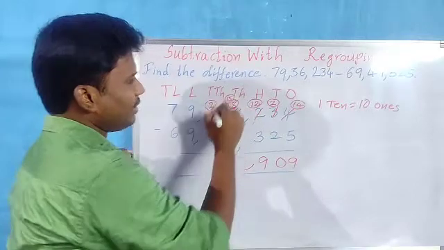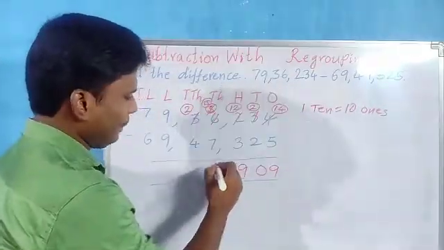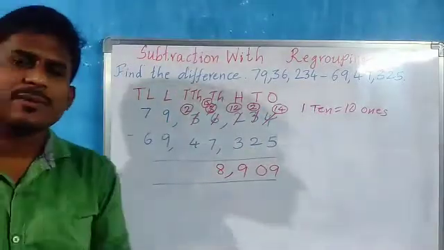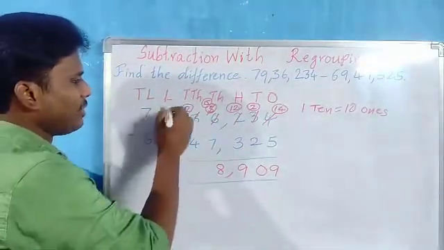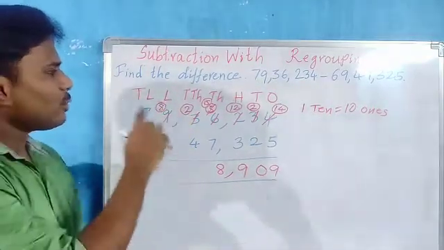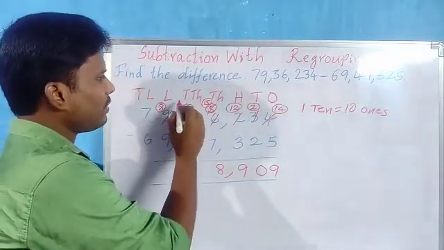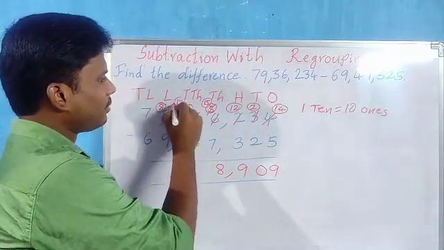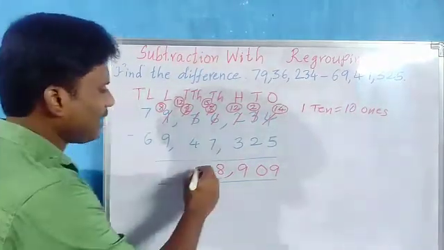Now 15 minus 7 will be 8. Now 2 minus 4, it's not possible. Again we have to regroup from the lakhs place, children. Again if we regroup, here will be 8 lakhs. 1 lakh equals 10 ten-thousands. So 10 plus 2 will be 12, children. 12 minus 4 will be 8, children.